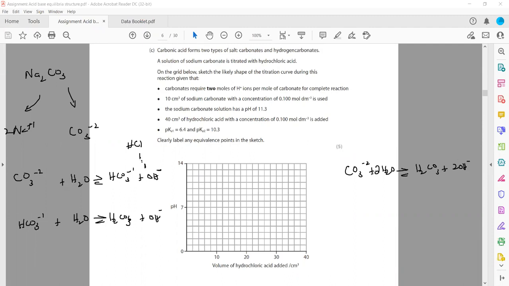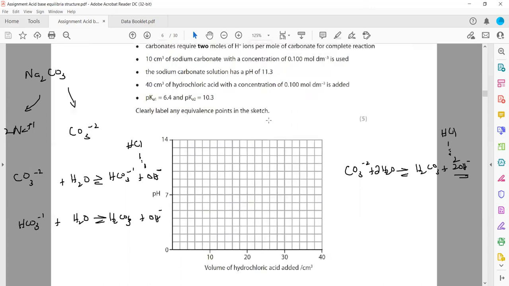But if the carbonate ion reacts with two water molecules, it produces two OH⁻. So the ratio of HCl to OH⁻ will be 1:2. If we have equal concentrations of the two solutions, then if the first reaction occurs we need the same volume, but if the second reaction occurs we need twice the volume. We need twice the volume of hydrochloric acid for the second reaction as compared to the first.